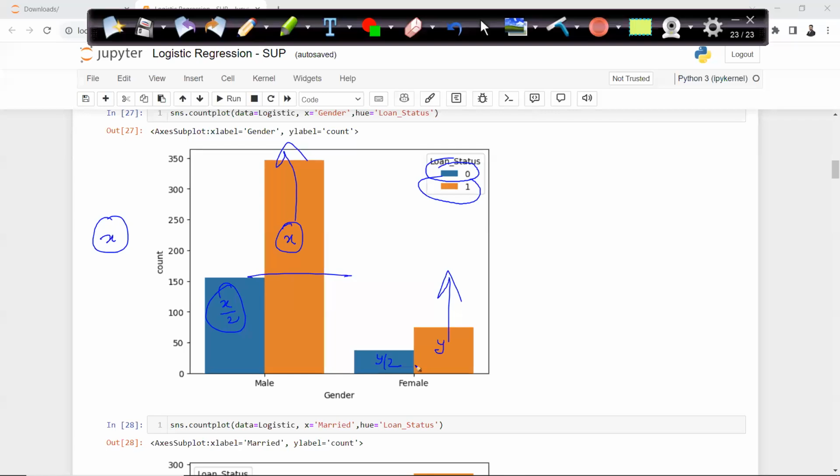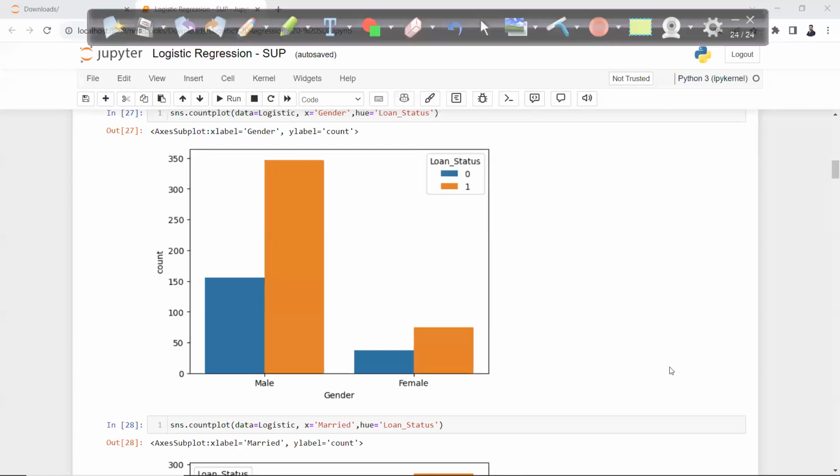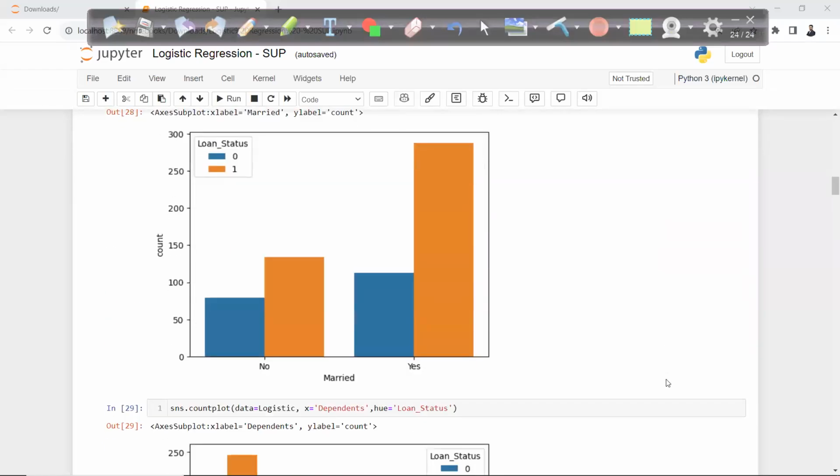It's almost the same ratio. It's just that more males applied for the loan. That doesn't mean that if you are a male, you have a higher chance to get a loan. The ratio is almost the same. That means whether you are male or female, I don't care. I can give the loan based on some other criteria. So gender is not very important.